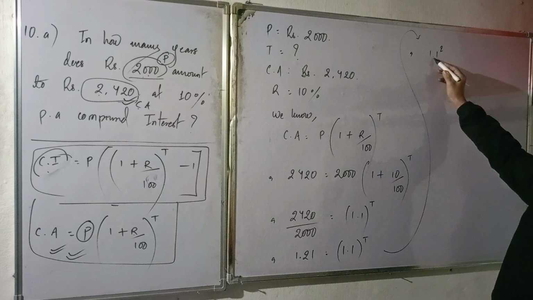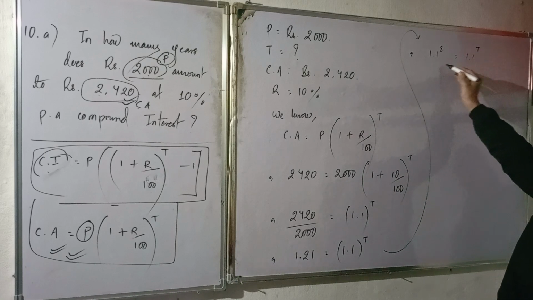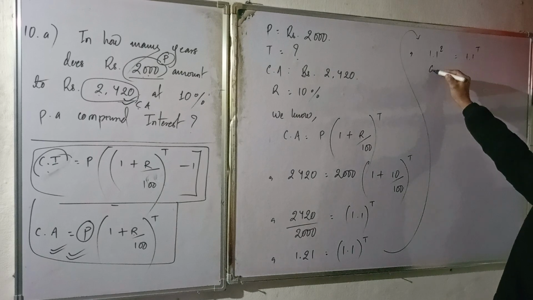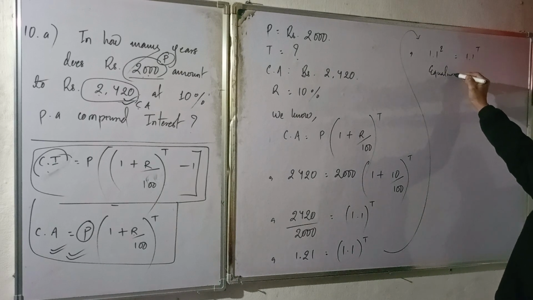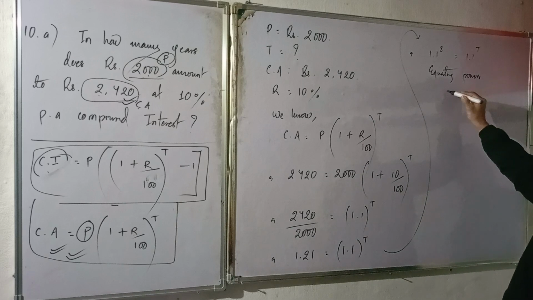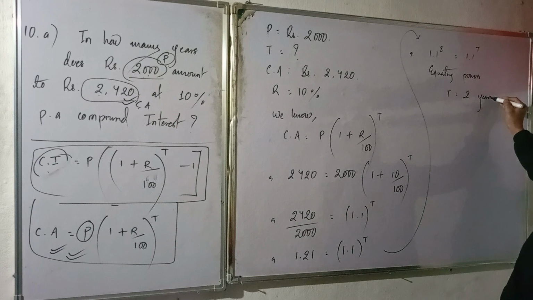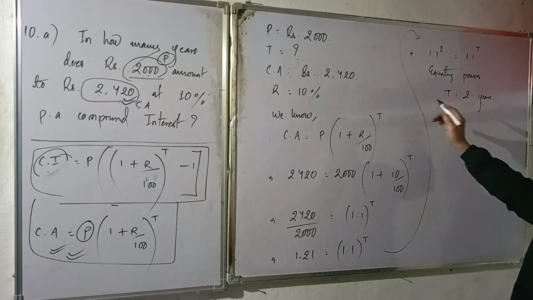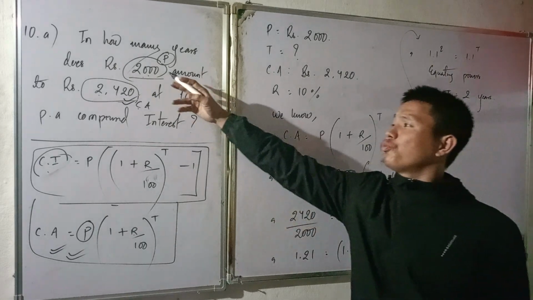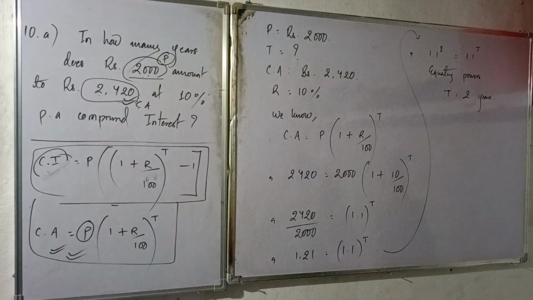So I've written here 1.1 power T. Since the bases are the same, equating powers, you will get T equals to 2. Time will always be in years. So after 2 years, this 2000 will amount to rupees 2420.